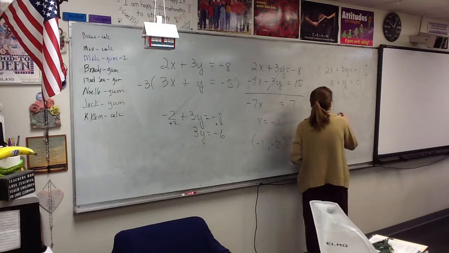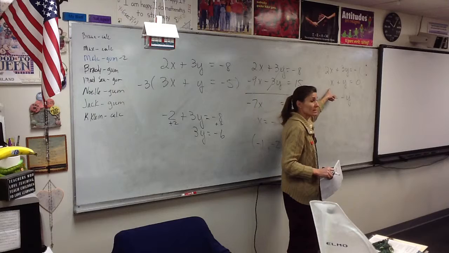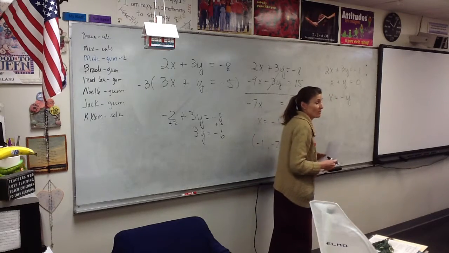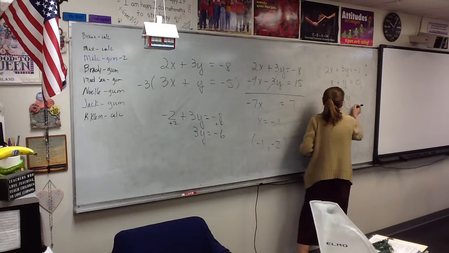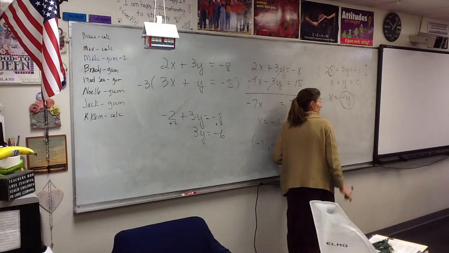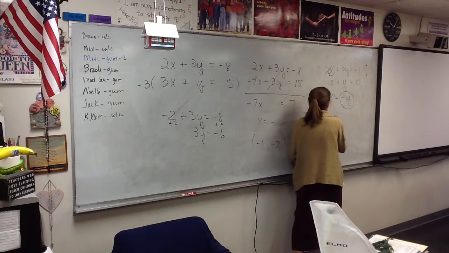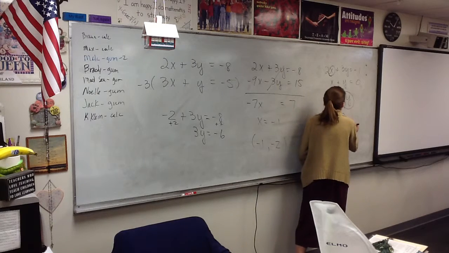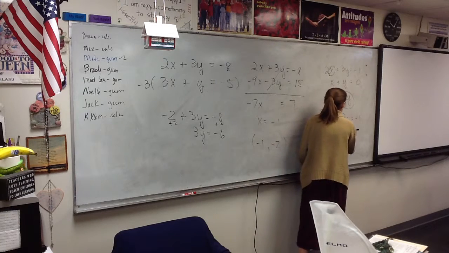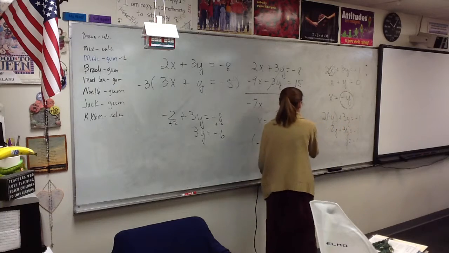If I get x by itself, would you agree that x equals -y? What do I do with that? I take the -y and I plug it in for x, because that's what x equals. So 2 times -y plus 3y equals -1. It looks like y equals -1.